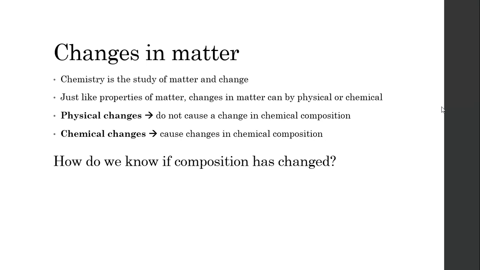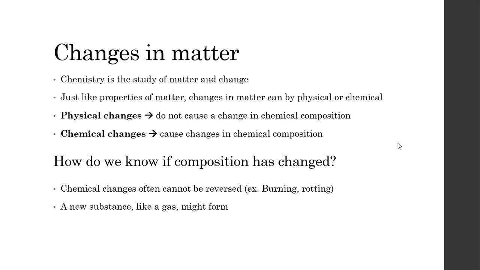How do we know if composition has changed? Chemical changes often cannot be reversed. For example, burning. Once you've burned a log of wood, you're left with ash and new compounds. You can't make those go back into the original log. Because it's not reversible, that's a good indicator that this is a chemical change.